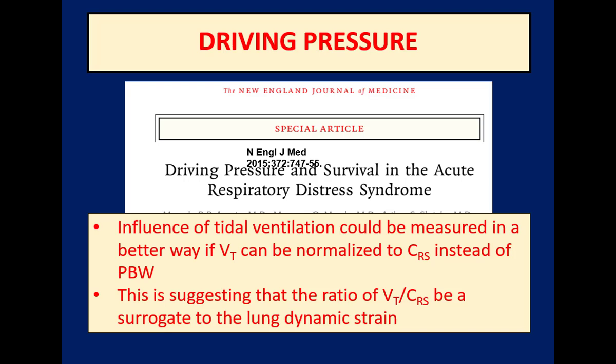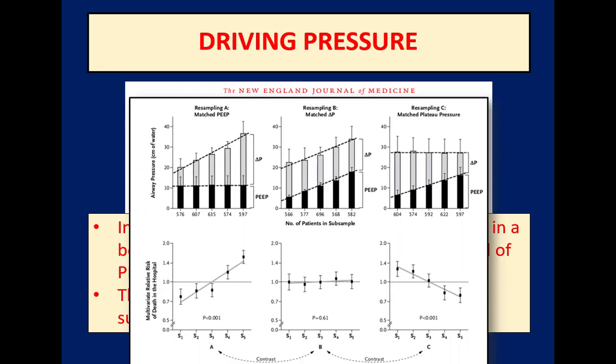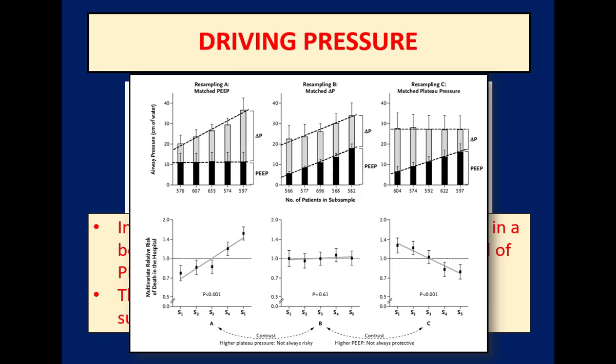This suggests that the ratio of tidal volume to compliance is a surrogate for the lung dynamic strain. As you can see in this study, there are three types of pictures. Here they kept the PEEP fixed and the airway pressure changed. Here the PEEP was changing with the airway pressure.